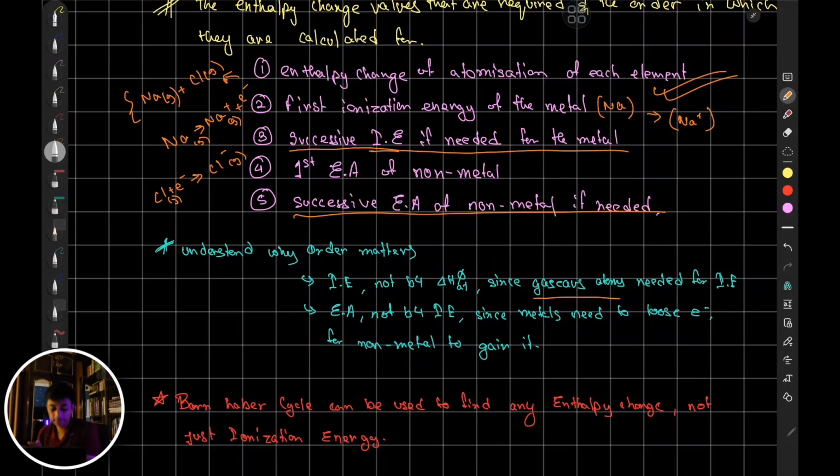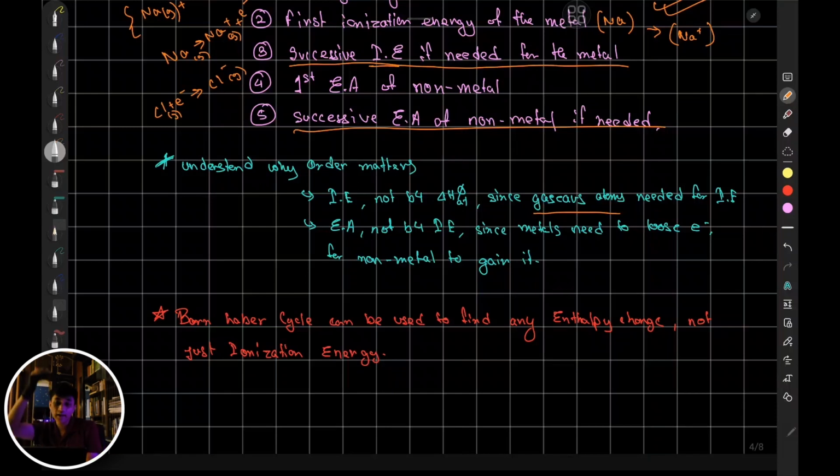Similarly, electron affinity is not going to take place before the ionization energy. Why? For electron affinity, you need an electron, and that electron is given off by the metal losing an electron. So it needs to ionize first, and then it can give you an electron, and then you will have the electron affinity. This is why the order matters.